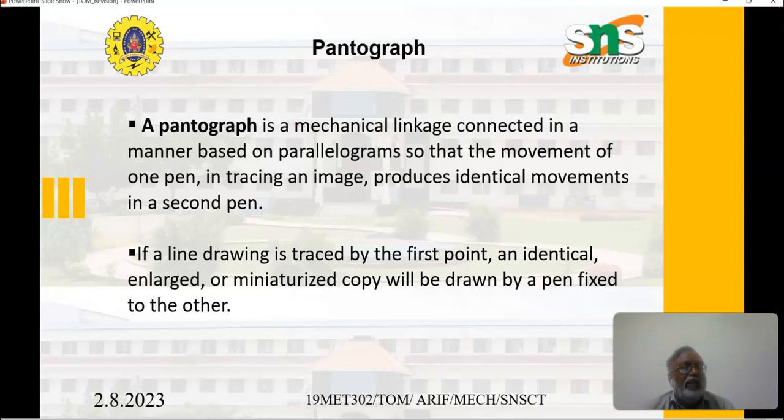If a line drawing is traced by the first point, an identical, enlarged or miniaturized copy will be drawn by a pen fixed to the other. Thus, the pantograph works. Let us conclude here today and we'll continue in our next video.